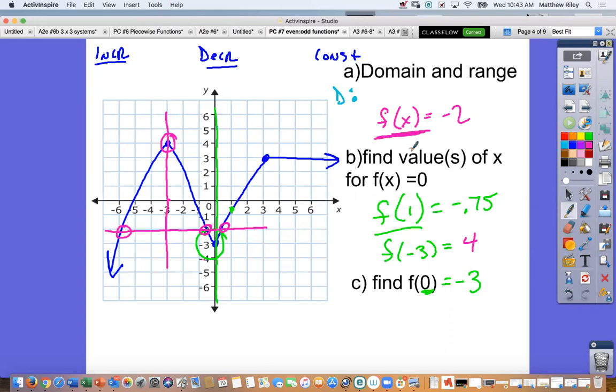Yeah. So for letter C, is it looking for the x's or the y's? So exactly. That's saying your x is 0. So when x is 0, what's your y value? That's all this is saying. So when x is 0, my y is -3. If it's like this, equals 4, this is saying, what are my x values when y is 4?